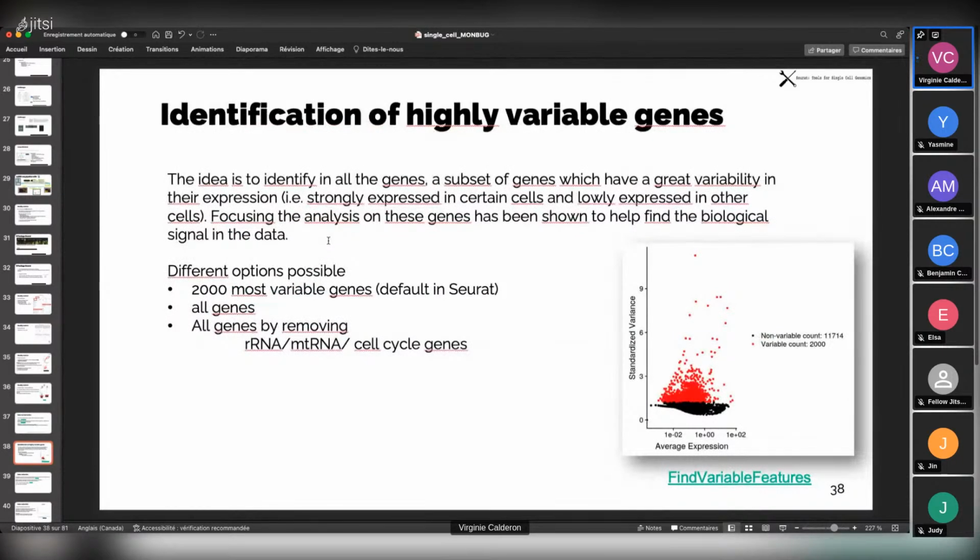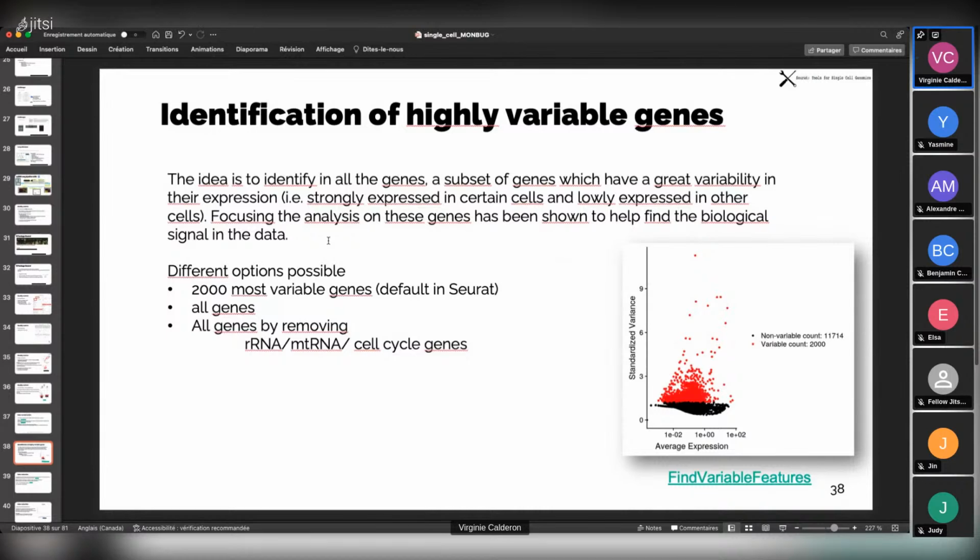So it's up to you. We have good data, and we have performed the normalization. Now we can start to identify the highly variable genes to be able to reduce the dimension of the datasets. In this way, we can identify genes that are highly or lowly expressed in a subset of cells.